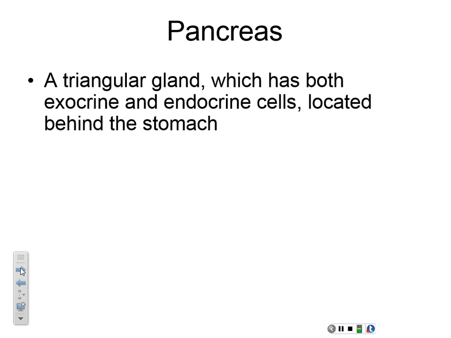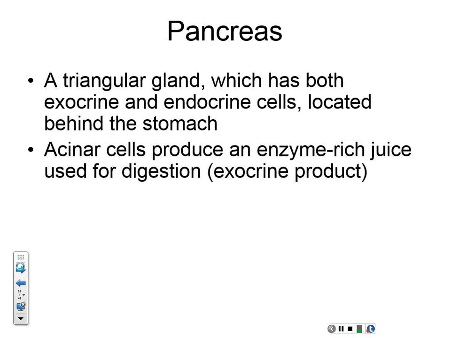The endocrine part will produce what hormones? From the islets of Langerhans, or pancreatic islets, it will produce glucagon from the alpha cells, and the other hormone, insulin, from the beta cells. We're not interested today in the acinar function, because it's an acinar gland, just looks like this.